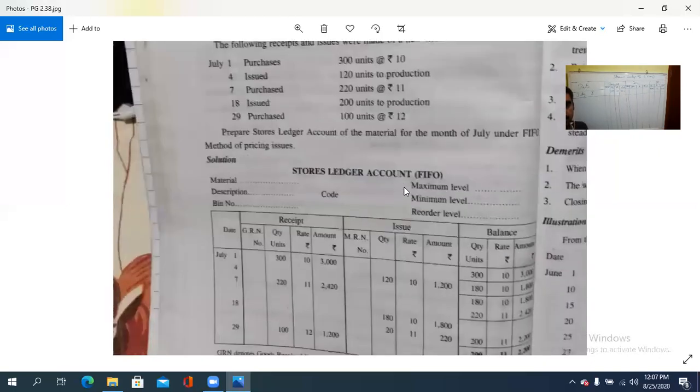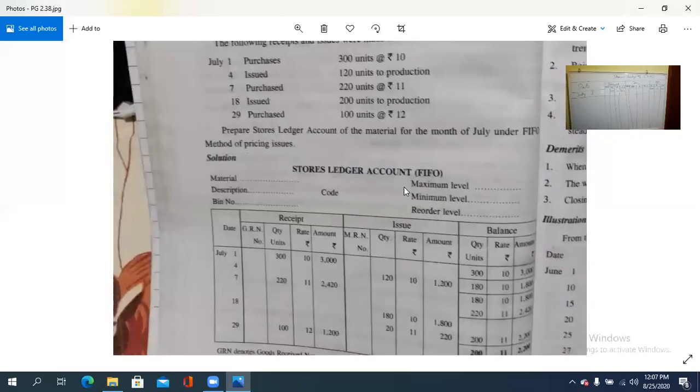Then next, issued 120 units to production. On which day? July 4. Production means issue, 120 units from the received quantity.